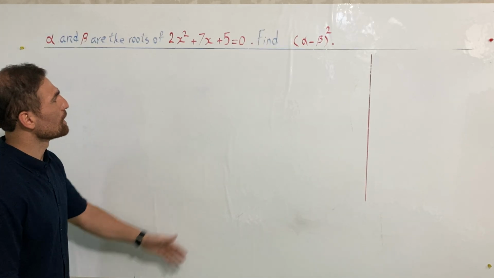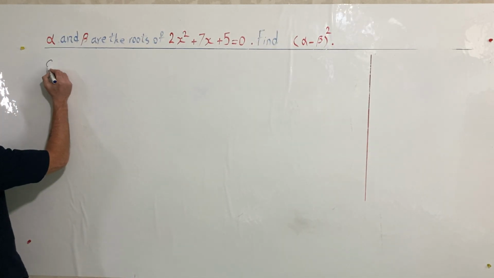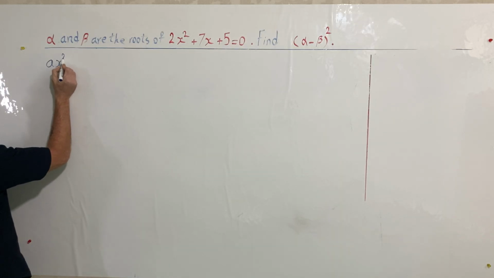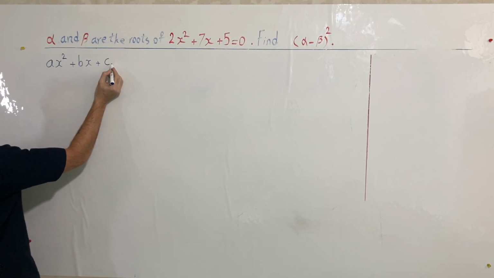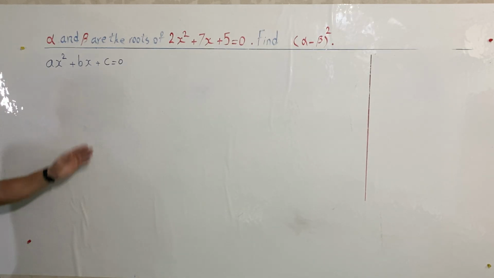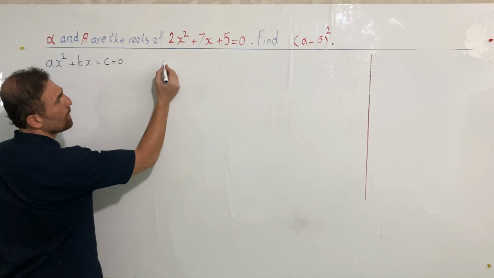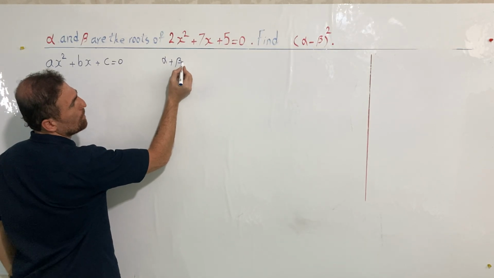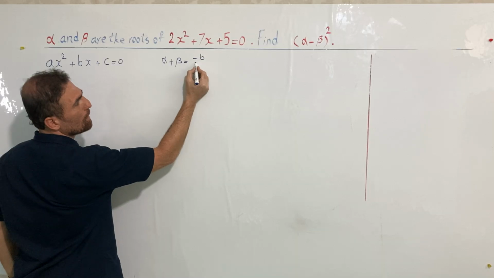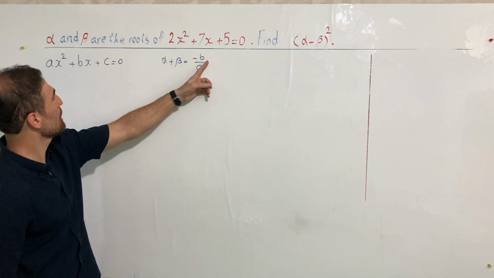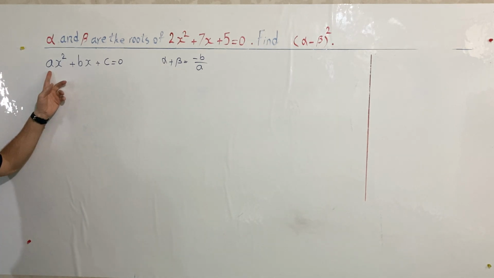I'm going to start with the standard form of a quadratic equation, that is ax squared plus bx plus c equals 0. If we set alpha and beta as the roots of this equation, then alpha plus beta, which means the sum of the roots, is negative b over a, where b is the coefficient of x and a is the leading coefficient.